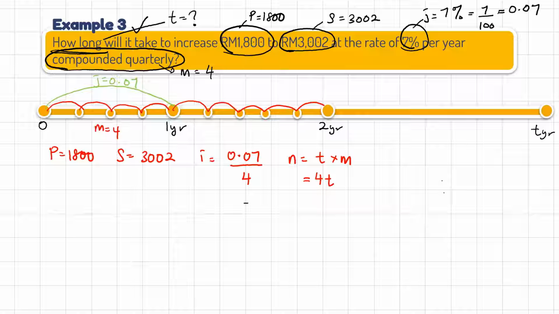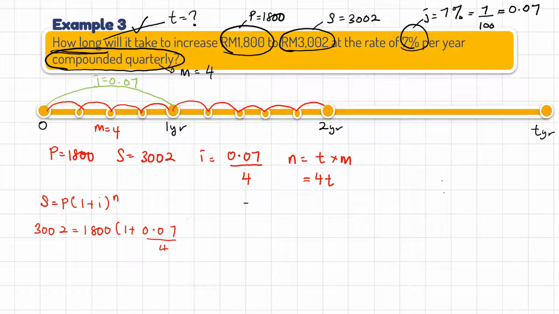Just put all the information inside the formula, where we have the formula S equals P times (1 plus I) to the power of N. 3,002 equals 1,800 times (1 plus 0.07 over 4) to the power of 40. Simplify the equation, you will get 3,002 over 1,800 equals (1 plus 0.07 over 4) to the power of 40.